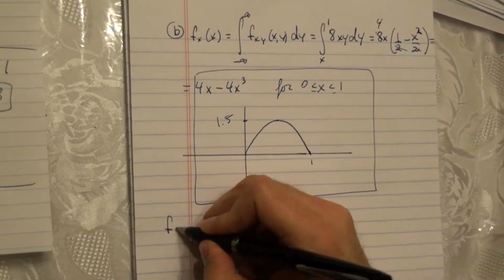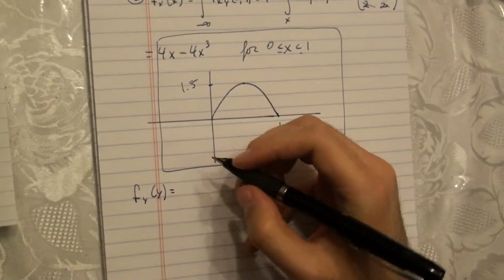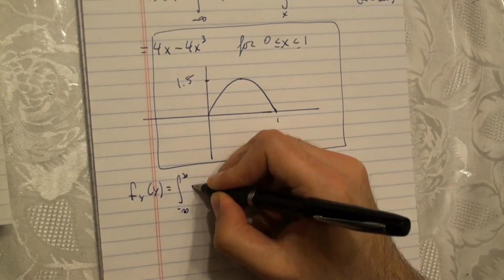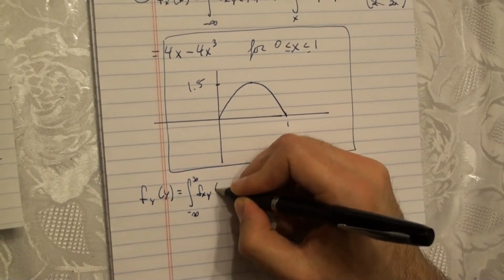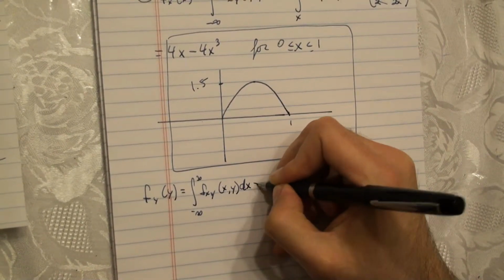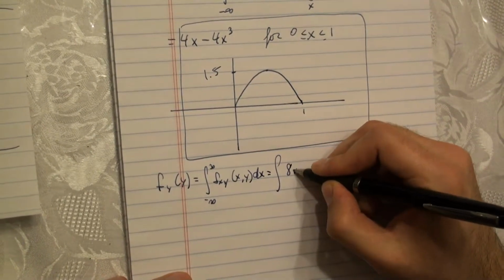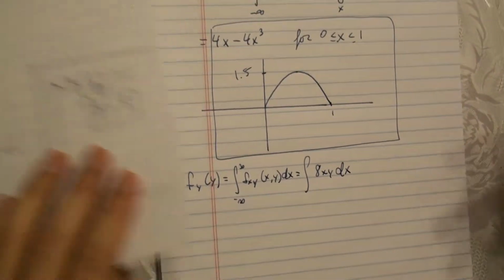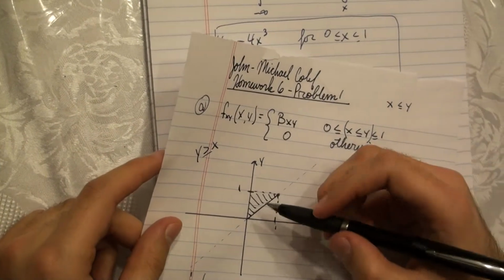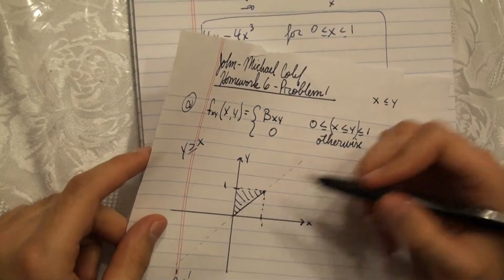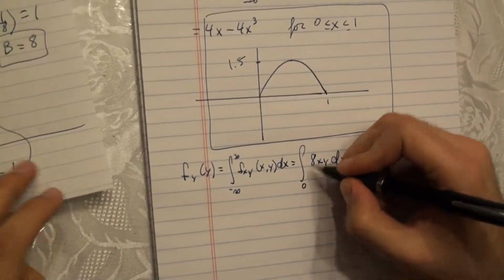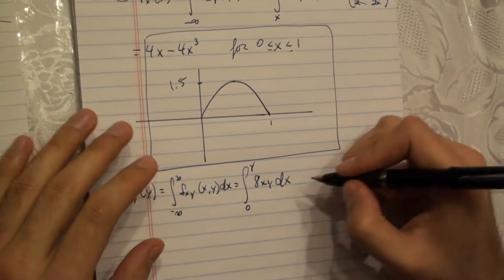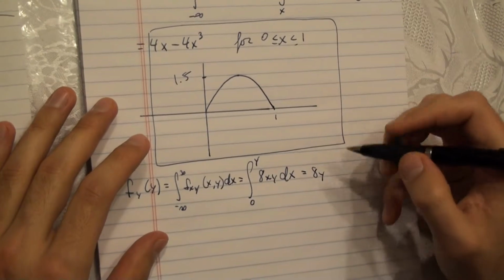Now we want f of y. This is going to be the integral from negative infinity to infinity of f of xy with respect to x, because we want to integrate x out. So we have our density function 8xy dx. Where does x exist? X exists from 0 to y. So we can take 8y out.